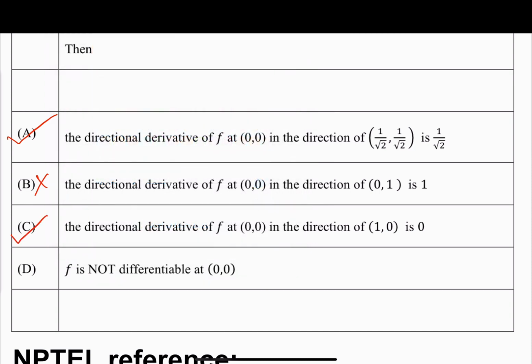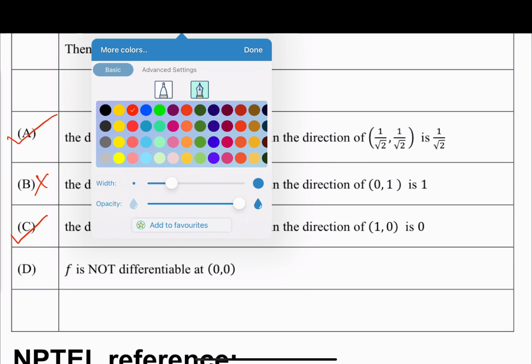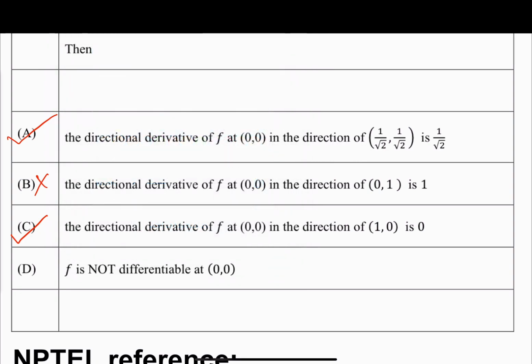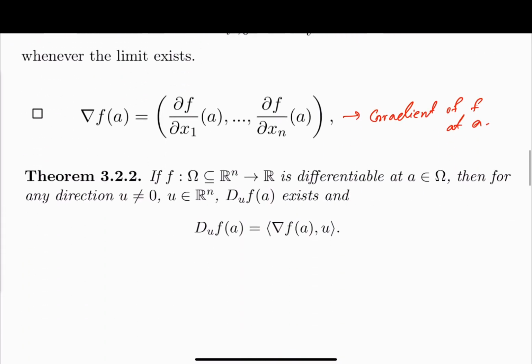Now option number D: it is saying that f is not differentiable at (0, 0). For that we will use the theorem that if a function is differentiable at a point a, then the directional derivative in any direction exists and can be computed by this formula. So we will use this theorem.